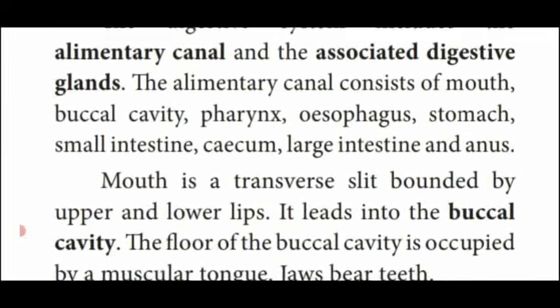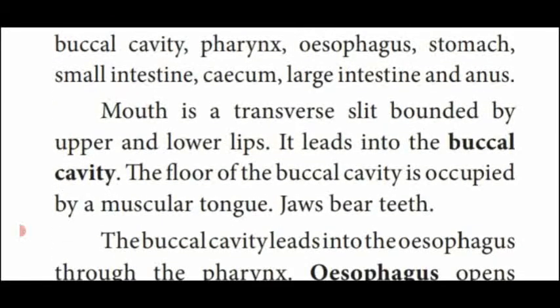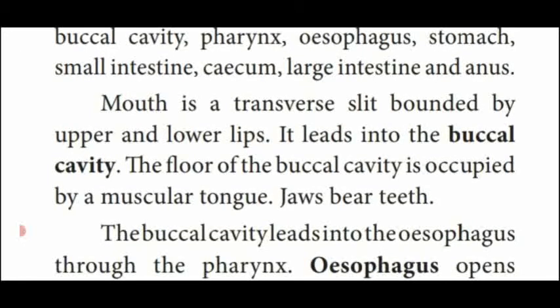Dear students, the mouth is a transverse slit which consists of upper lips and lower lips. The mouth leads into a small cavity called the buccal cavity. The floor of the buccal cavity is occupied by a small muscular tongue, which is present on the inner side of the mouth region.